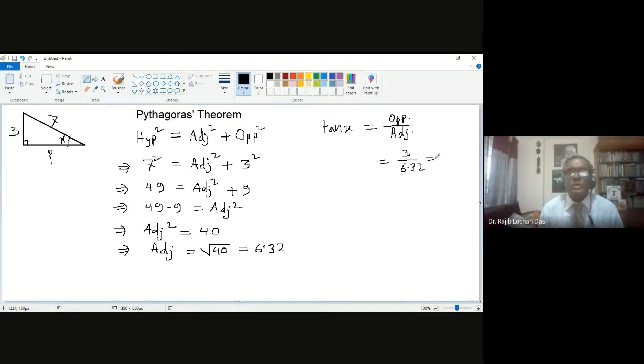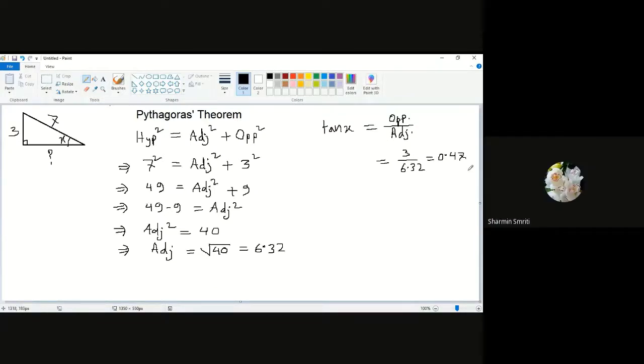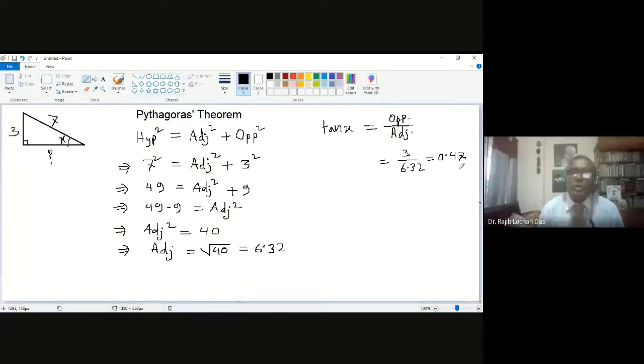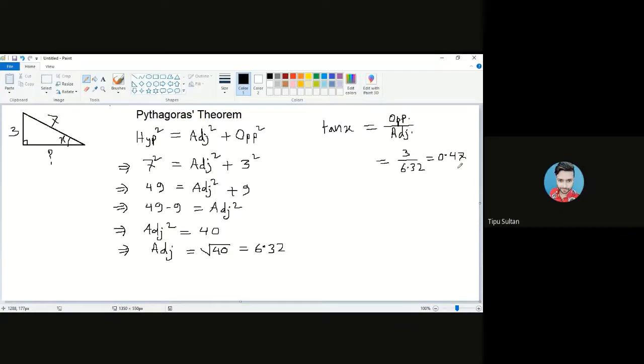So this will be something like 0.47 or 0.48.